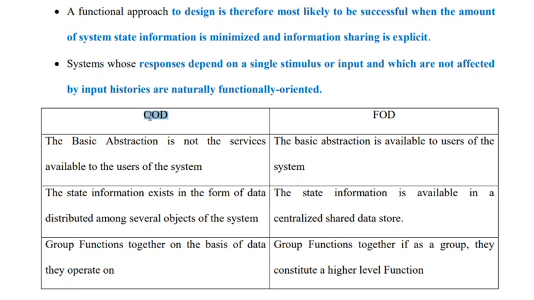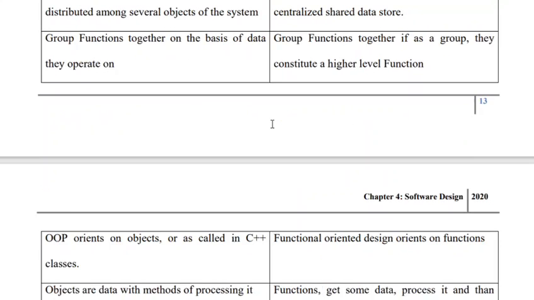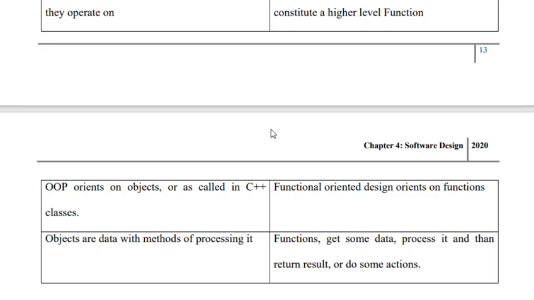The other difference is that in case of FOD, since the overall state information is centralized, central information is rather vulnerable to attacks. Any function that wants to bring about a change to centralized state information can bring about a change leading to other functions behaving unexpectedly.